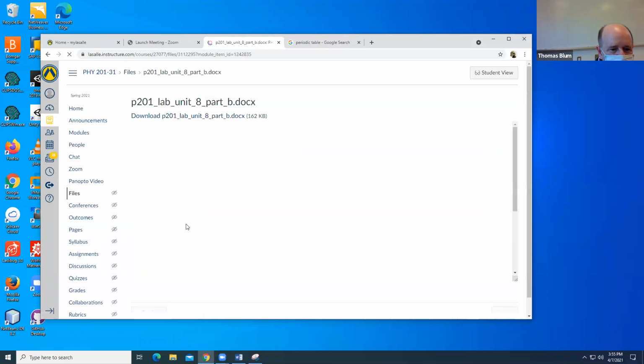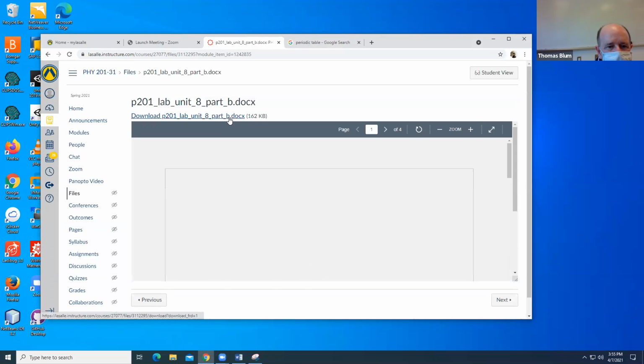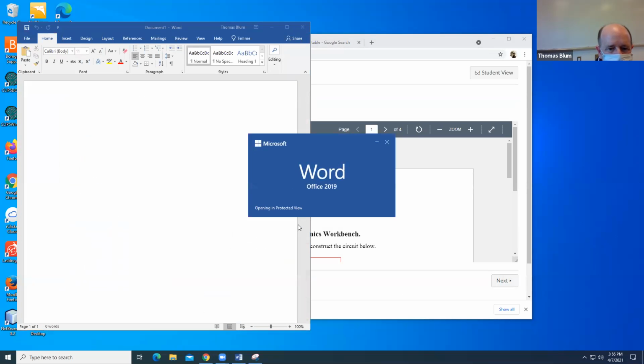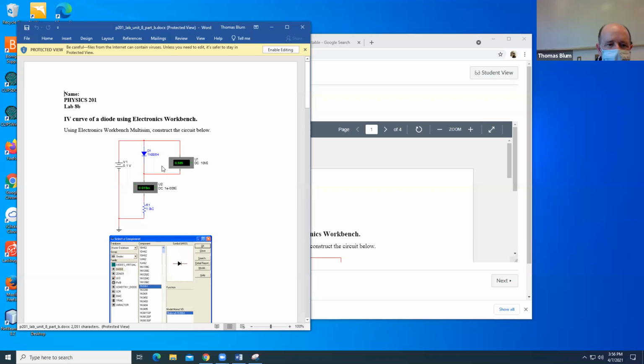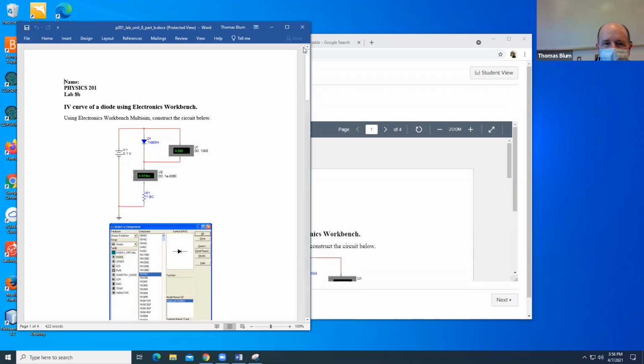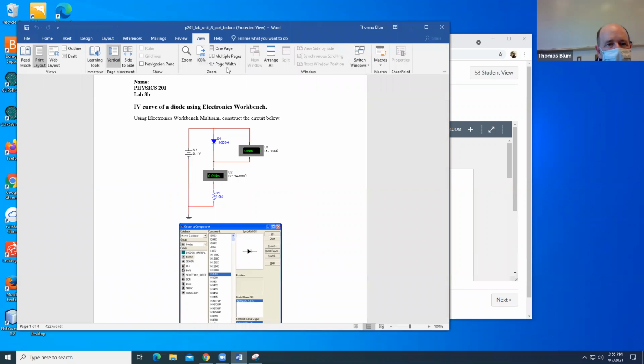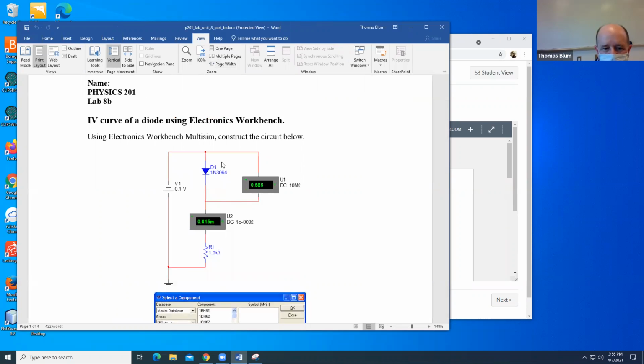Maybe let's look at B. Okay, so here's this diode, and we're trying to understand its characteristics. What is a diode like?